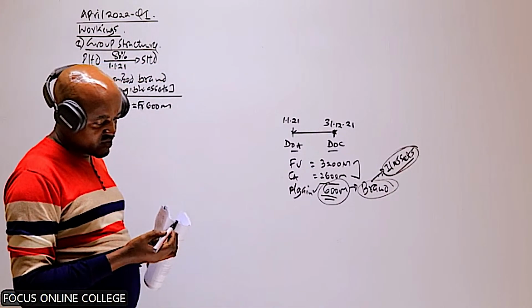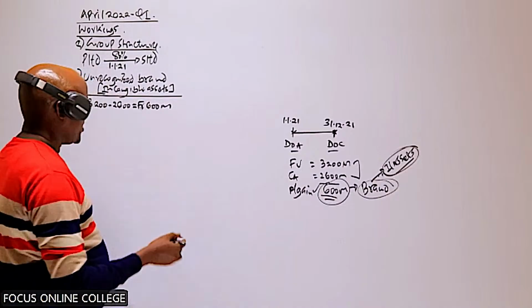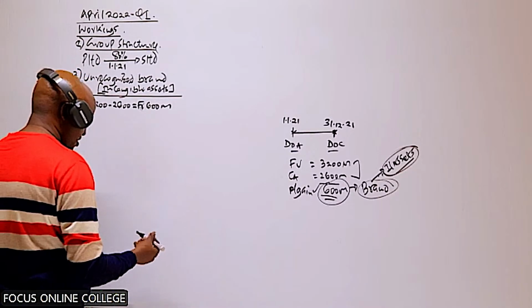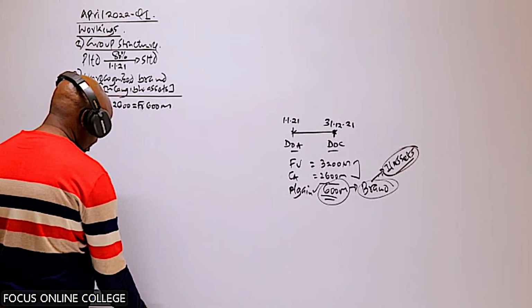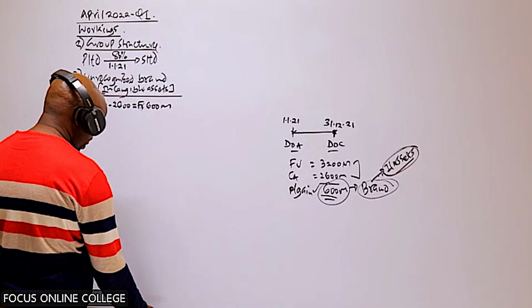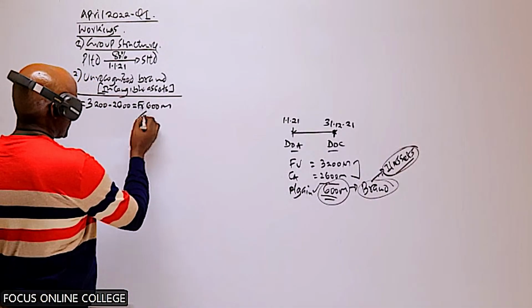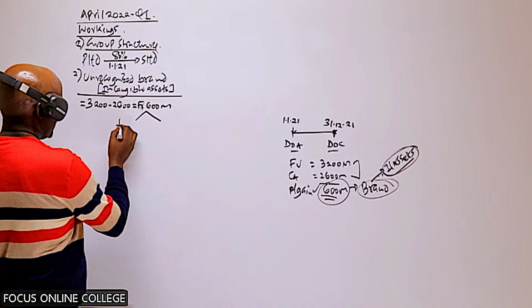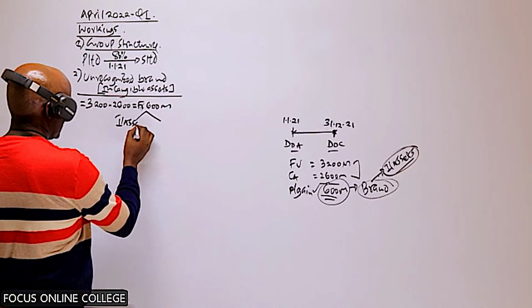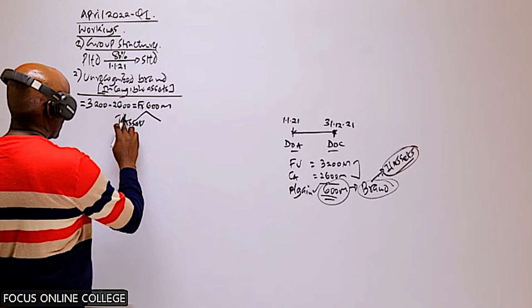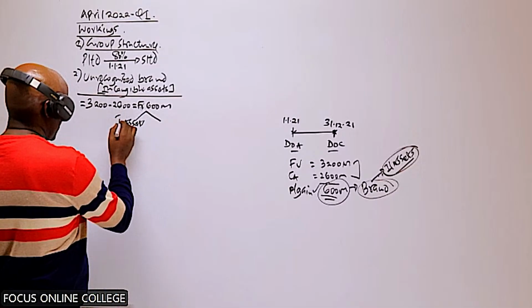So how are we going to account for this amount of 600? Number one, this will be recognized as an intangible asset within the consolidated statement of financial position.